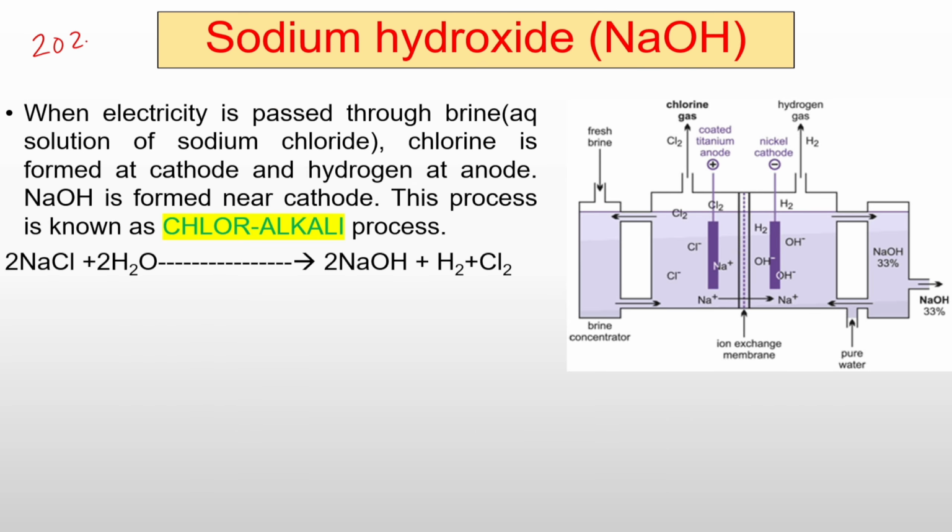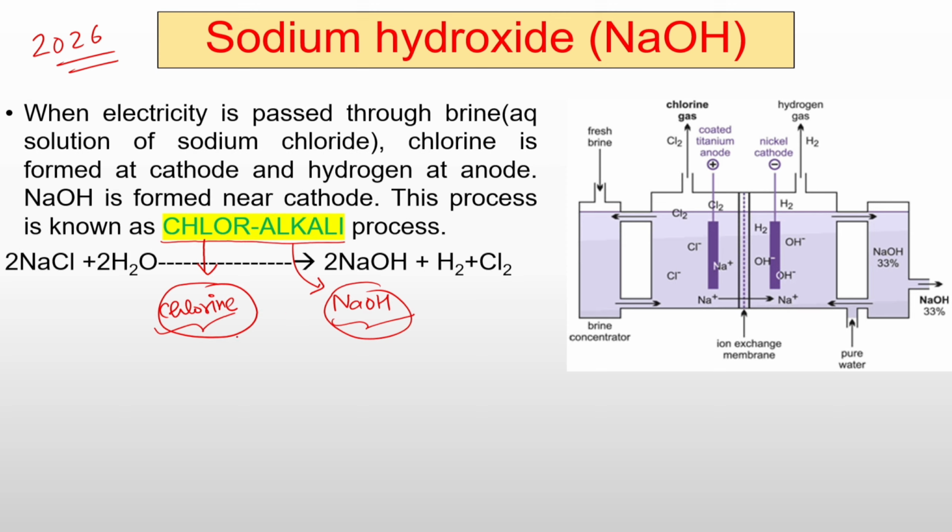Again, in 2026, this question was there: what is the chlor-alkali process? This word chlor comes from chlorine, and alkali comes from NaOH. That means with this name, you can remember one product is chlorine, another product is NaOH.